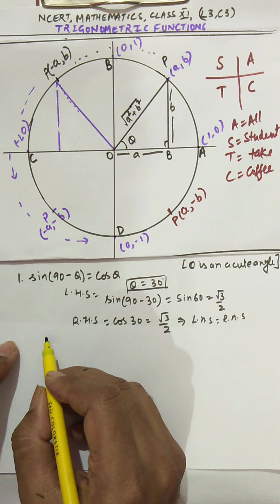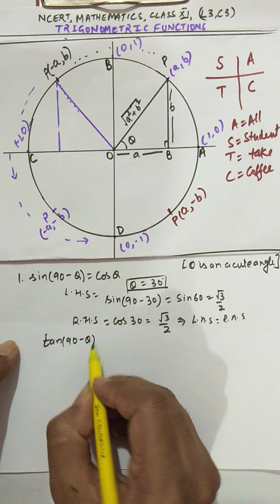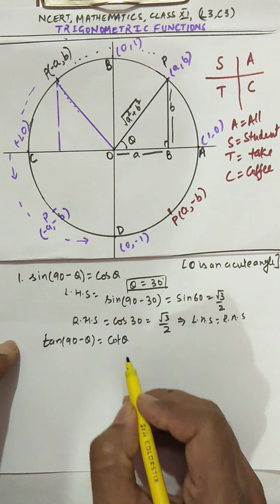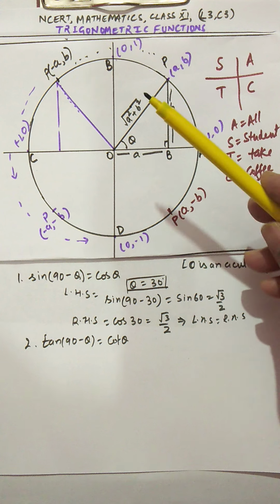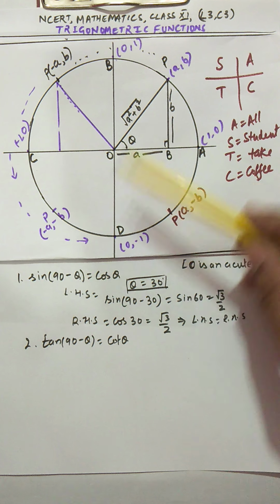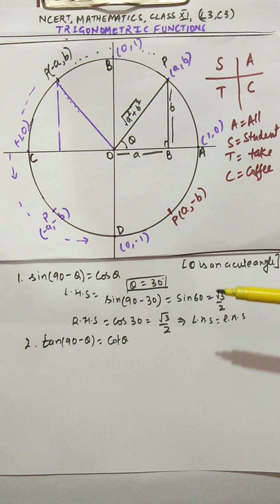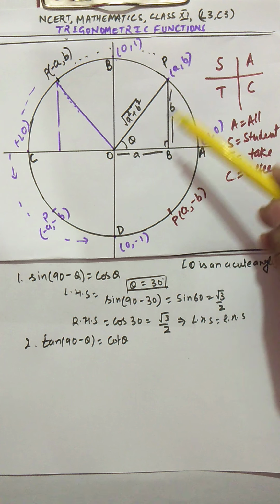Like other formulas, tan(90 minus theta) is equal to cot theta. This was the second formula, and this can also be verified. So here we can generalize that whenever you do 90 minus theta, these answers come positive, because 90 minus theta means this is your first quadrant.